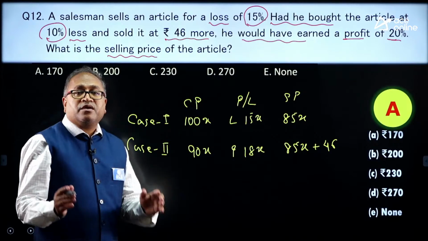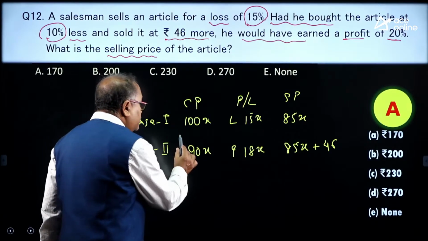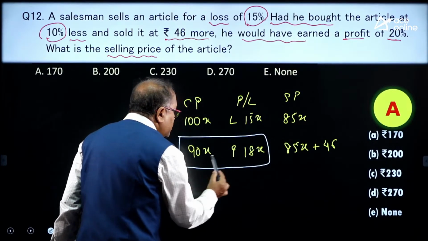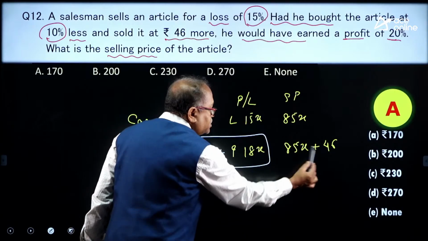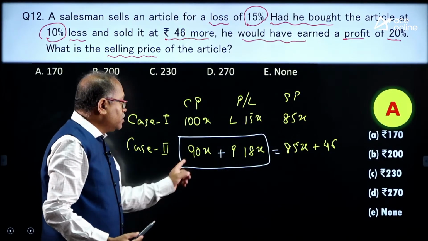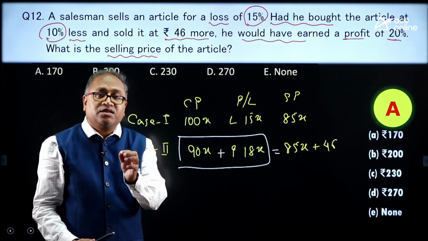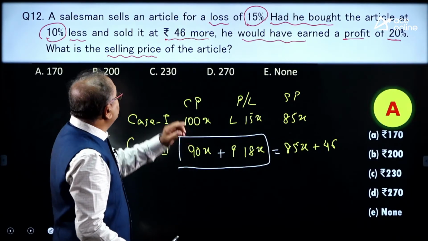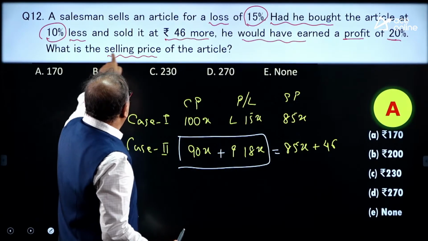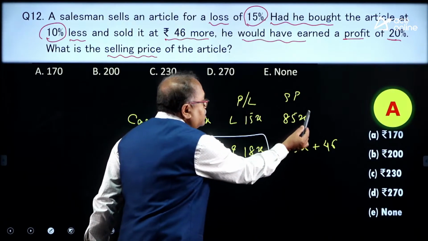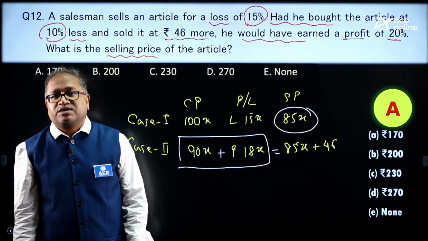So, from here all of you might have got the clarity. Cost price plus profit is equal to selling price. I will get the x value, and once I get the x value, it is asked what is the selling price of the article, that means what is 85x.